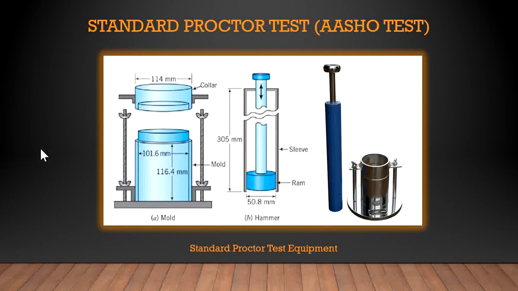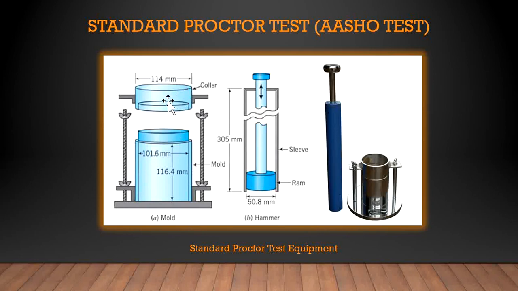Okay, so we will see the standard Proctor test. This test was developed by R. Proctor in 1933 in connection with the construction of dams in California. The apparatus used for the test consists of a cylindrical mold of internal diameter 102 mm and an effective height of 117 mm, with a volume of 0.945 liter.